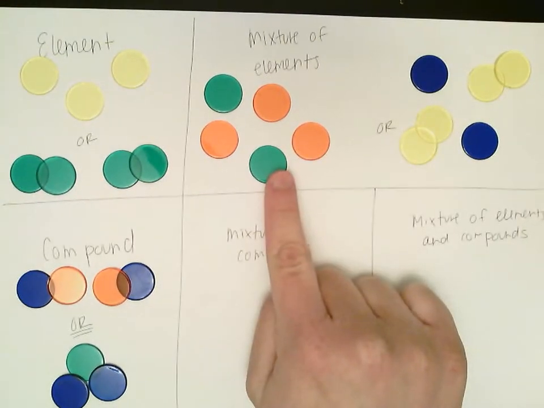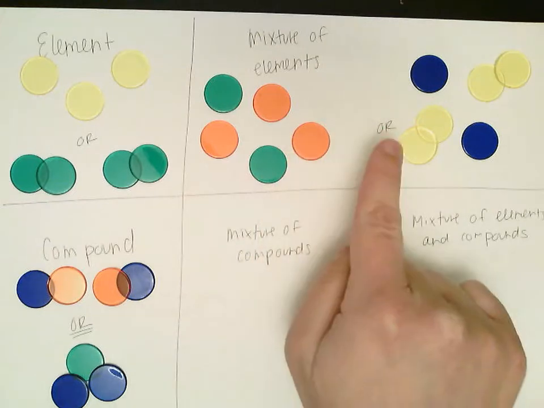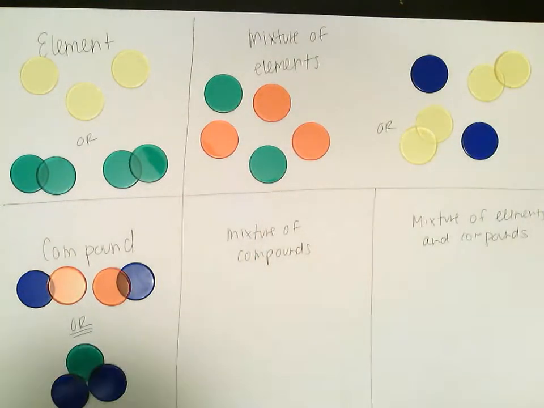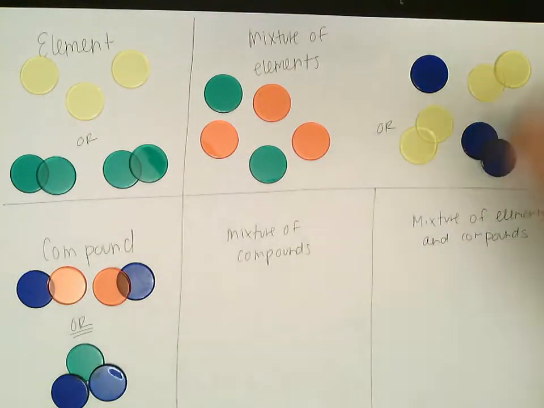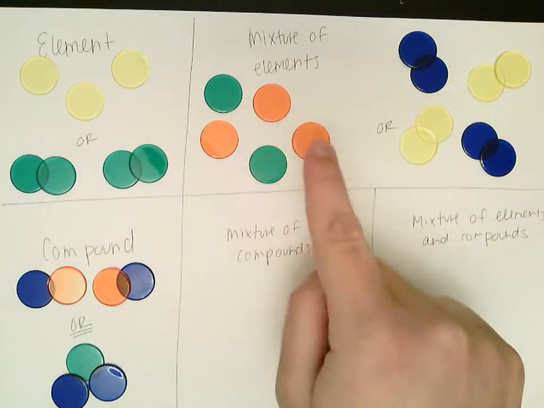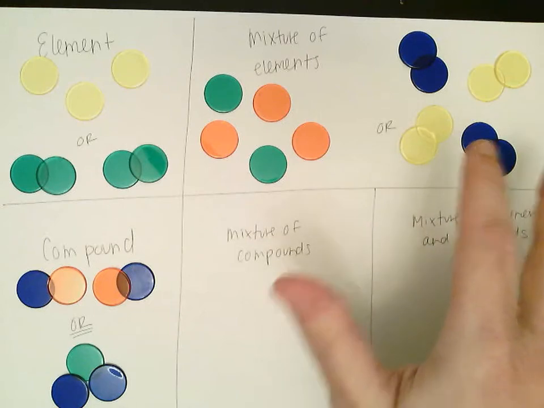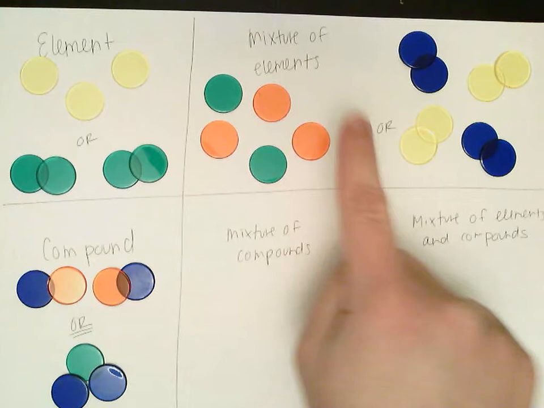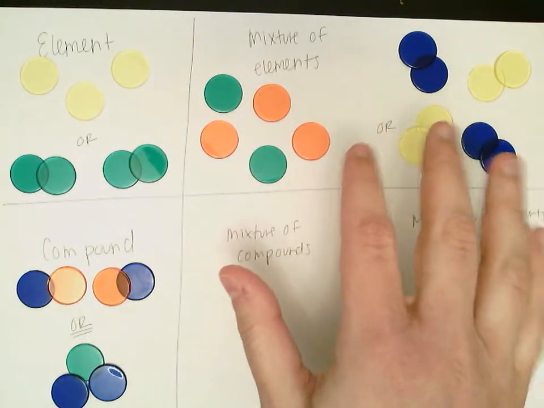So this is a mixture of elements, or this is a mixture of elements. Or I can make it to where this had diatomics. That's still a mixture of elements. When we're looking at that, we're starting to look at colors. So none of these are bonded to a different color, so we know that they're all elements. And we know that they're a mixture of elements because they are different colors. So that's how we're seeing that mixture.